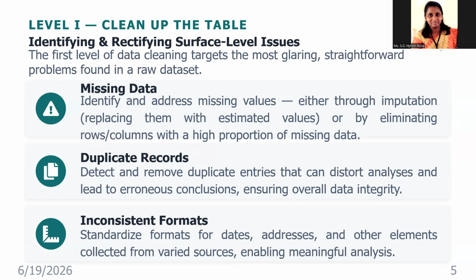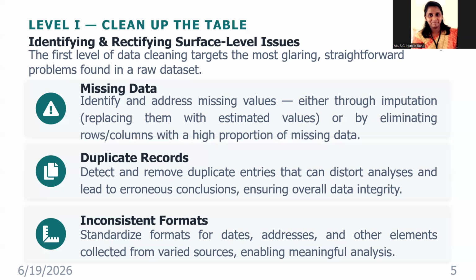One is imputation, another is elimination. Imputation replaces missing values with estimated values such as the mean, median or a value inferred from similar records. Elimination removes rows or columns that have a very high proportion of missing data, where imputation would be unreliable.